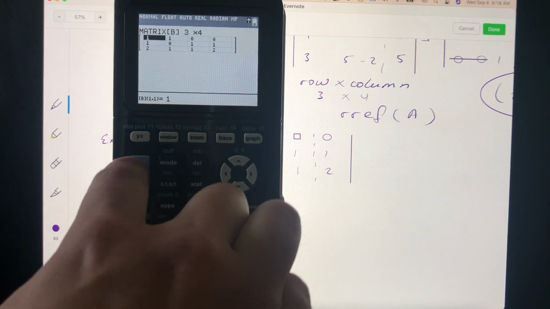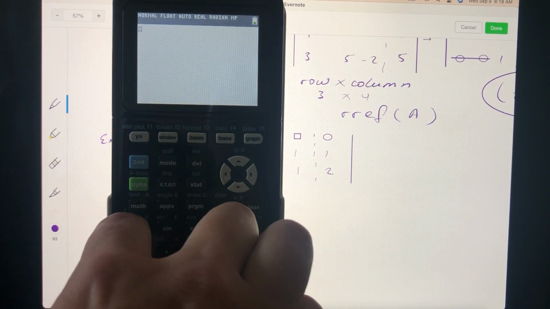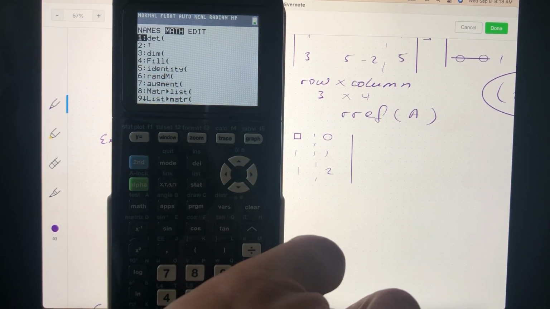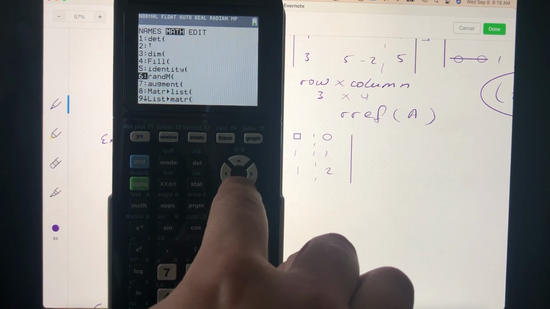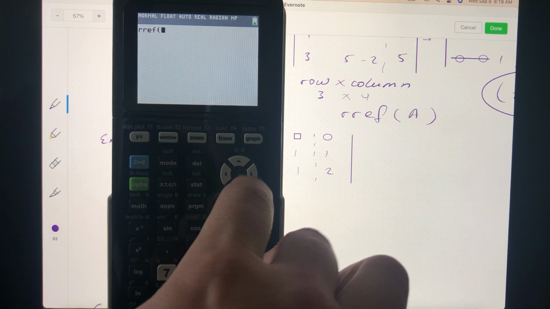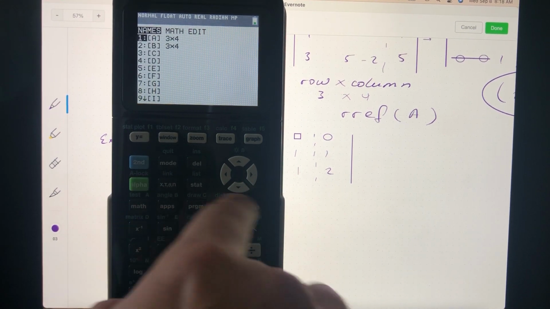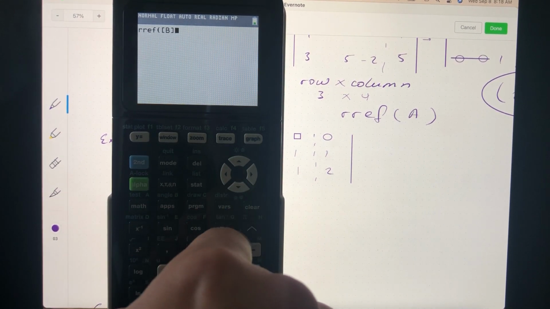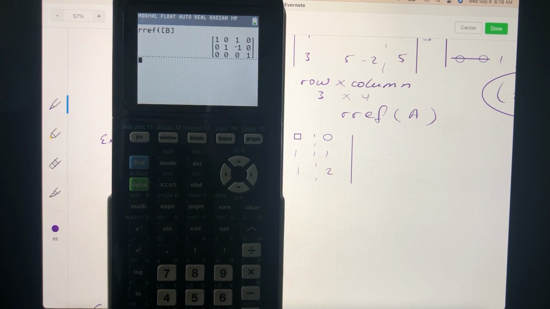This is the end. Now we quit and we go back to the matrix and look for the math and scroll until we see reduced row echelon form. So here is reduced row echelon form, and we select matrix B. And once we hit enter, here is the answer.